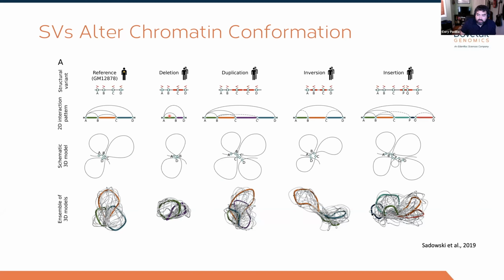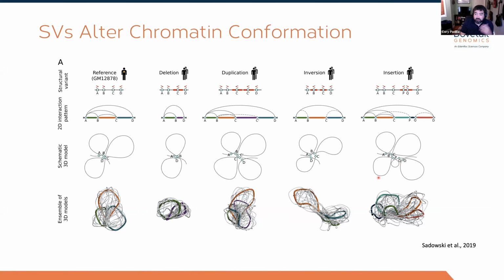So what you can see across the board is that when there is any sort of structural variation, be it a deletion, duplication, inversion, or insertion, there are dramatic changes: loss of looping events, gain of looping events, reorienting looping events that look the same but are actually flipping various loci in that looping structure. And then it can totally throw things off by adding multiple loops into the chromatin.